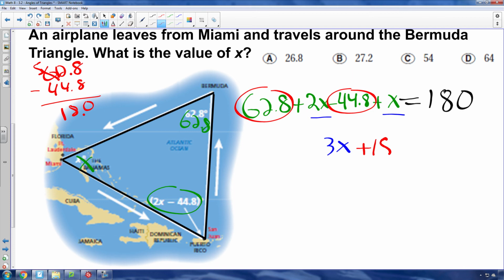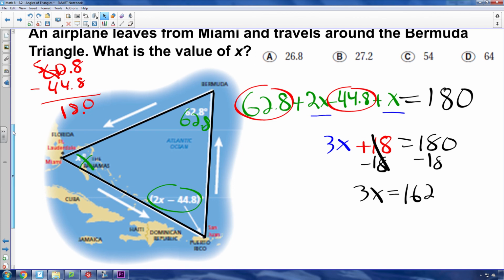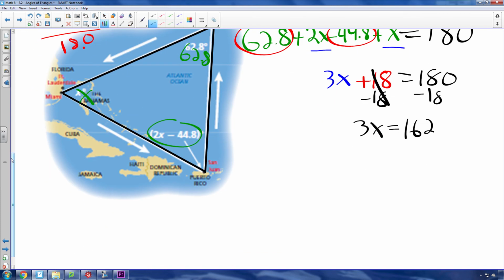So that's going to be plus 18. That equals 180. Now I can get rid of that 18 by subtracting 18 on both sides. And I'll get 3x is equal to 180 minus 18, which is 162. And now I've got to divide both sides to get x.